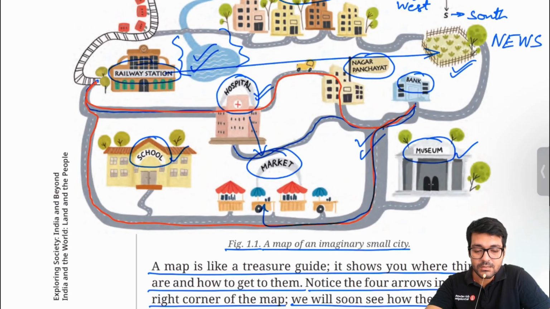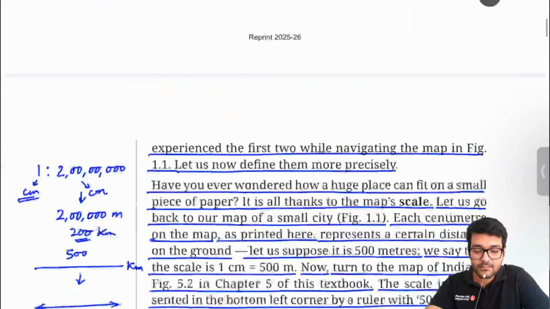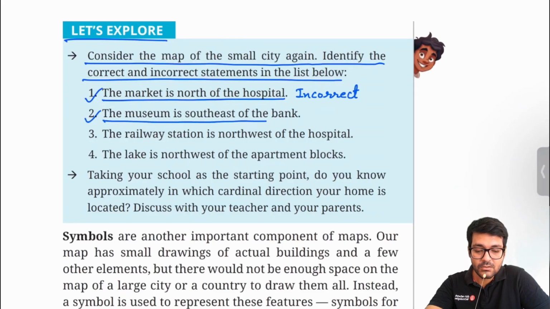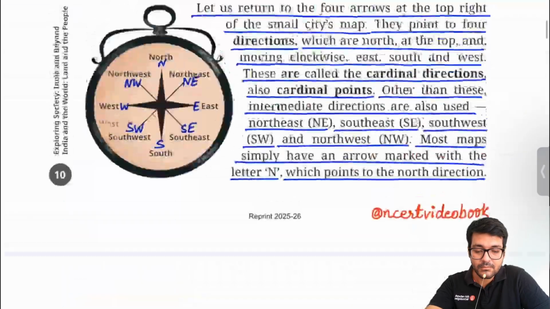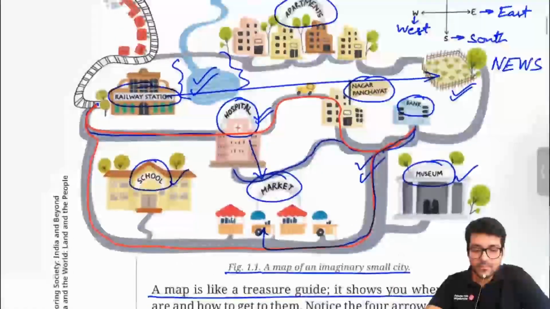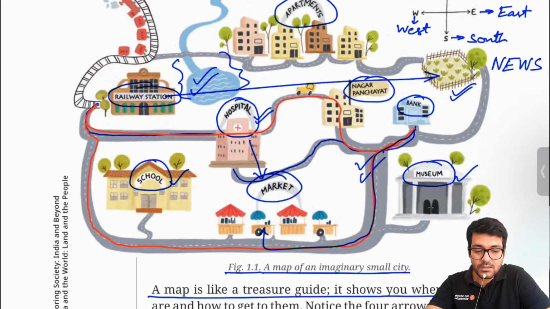So this statement is incorrect. 2. The museum is southeast of the bank. The museum is south of the bank, not southeast. So this statement is incorrect.